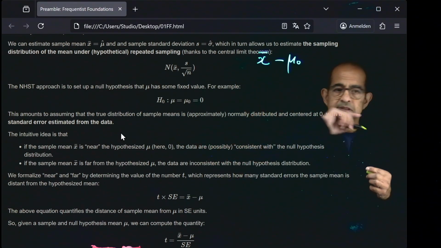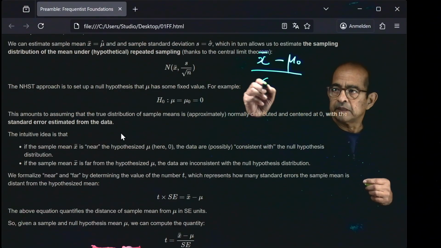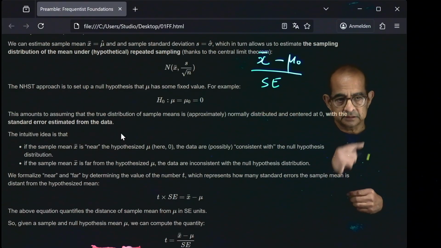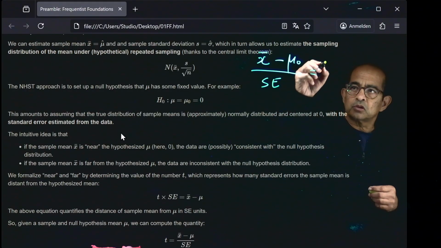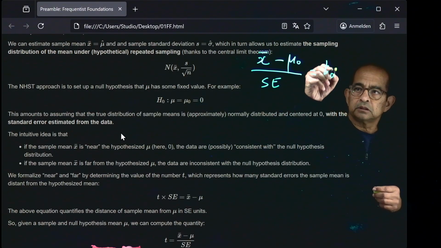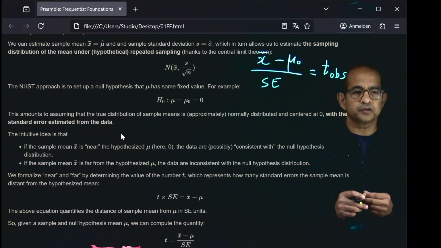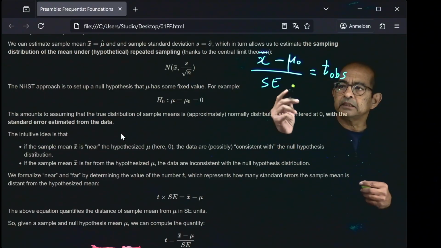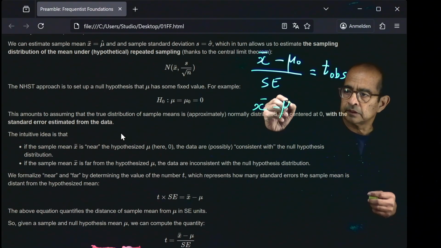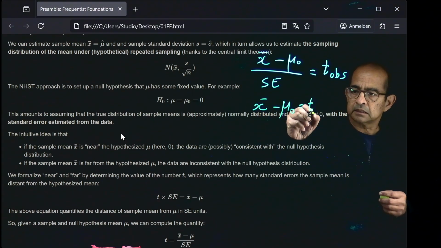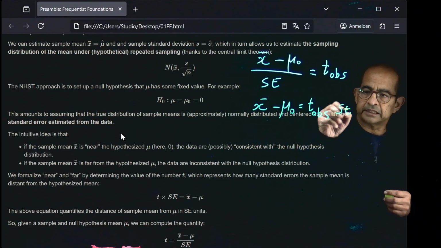So what we can do is standardize or normalize this distance by dividing it by the standard error. And so this calculation gives us what I call the observed t-value. We get this observed t-value from the data, and really what it's doing is quantifying the distance between the sample mean and the hypothesized mean in standard error units.